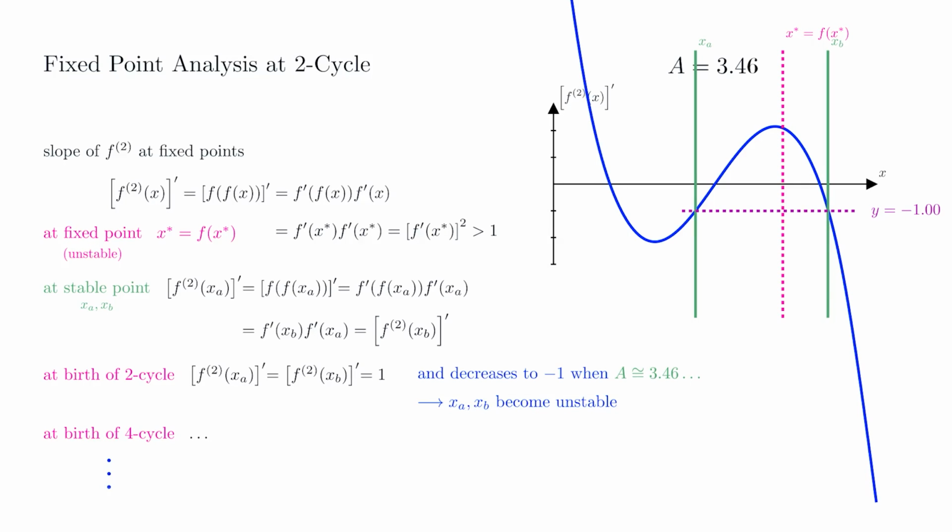The point here is that when the fixed point of the first iterate function became unstable, we had a single hump function and the slope at the fixed point became less than -1. We saw that this gave rise to the birth of a two-cycle. If I looked at the second iterate function, it had two humps. There were two equivalent points that had slopes that started off at +1 and then approached -1.